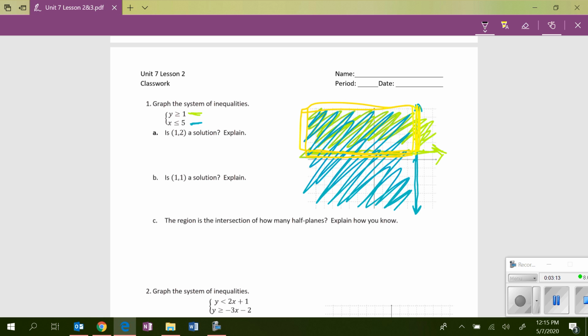So let's look for (1, 2). It's that point over there. It's in my shaded area, so that is a yes. Is (1, 1) in my shaded area? And since it's a solid line, it's totally okay. So yes, it's also a solution.